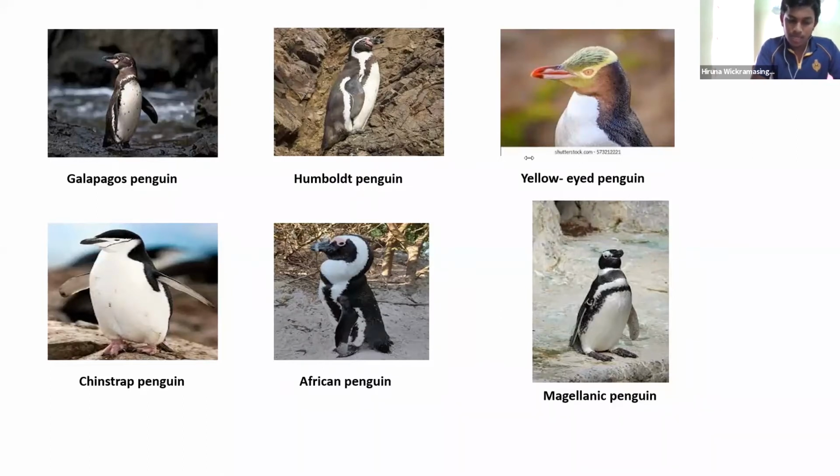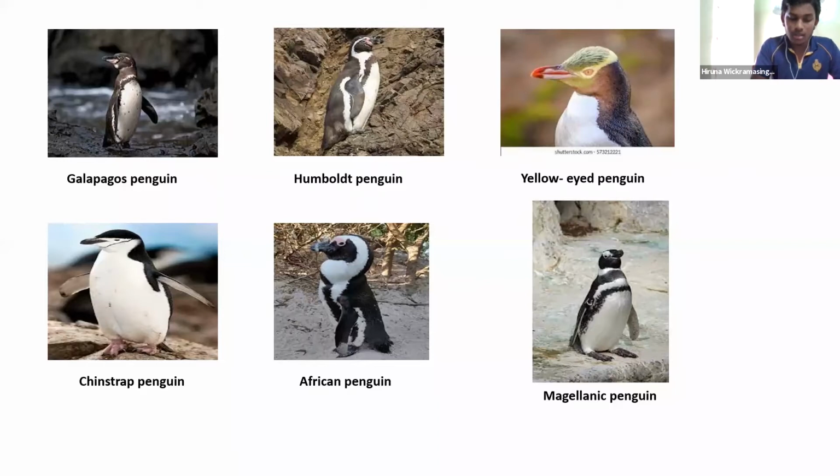They are also medium-sized penguins and live about 15 to 20 years. The next species is the African penguin. The African penguin, also known as the Cape penguin or South African penguin, is a species of penguin confined to southern African waters and it lives about 20 years.